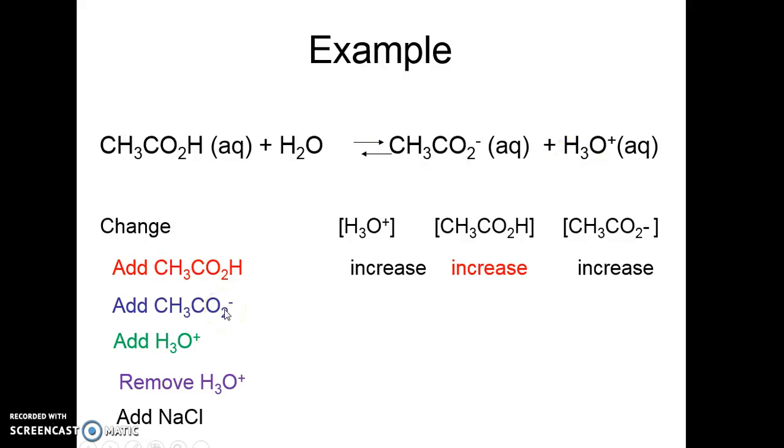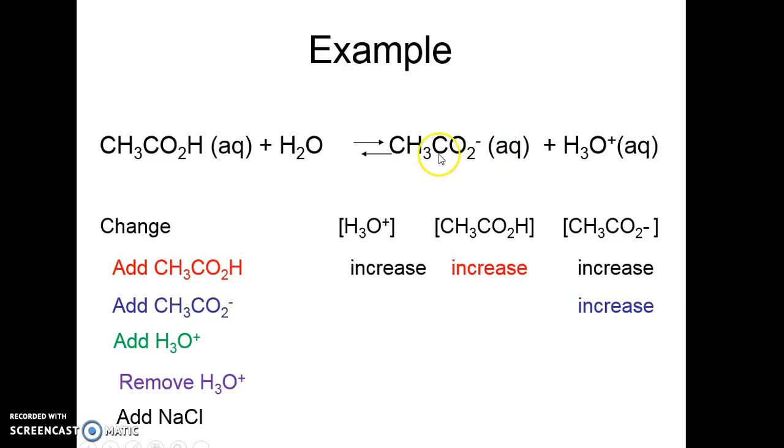Okay, let's try another. You try it. Adding acetate, what happens to hydronium ion concentration and to acetic acid concentration? Well, if I add acetate right here, that's going to increase. What happens in response?